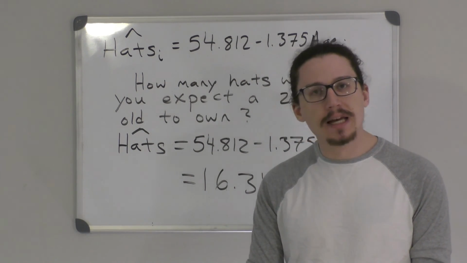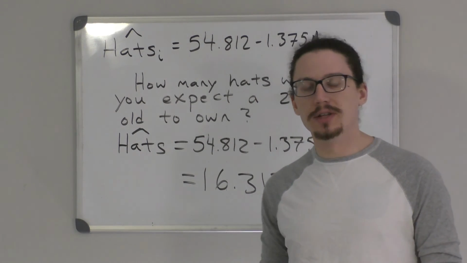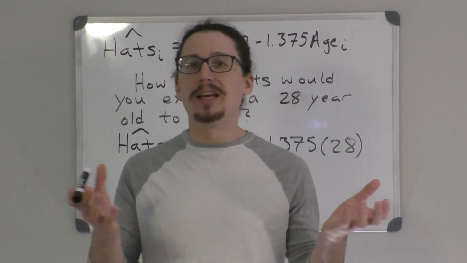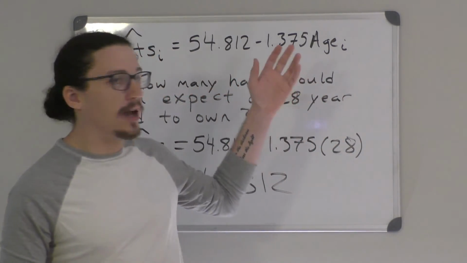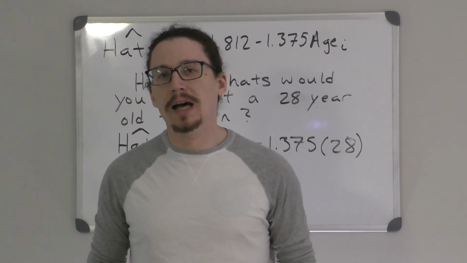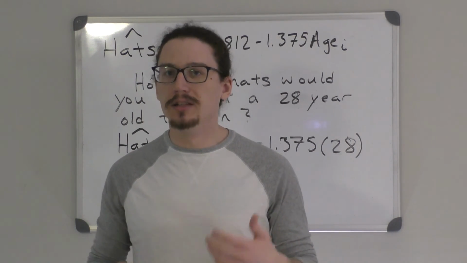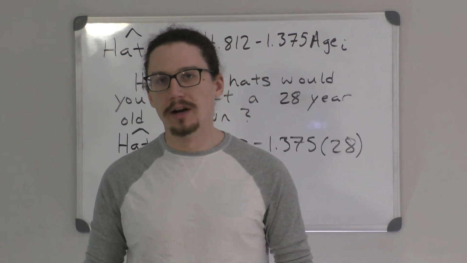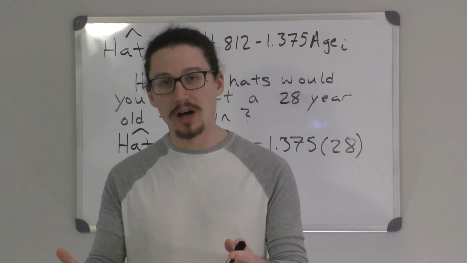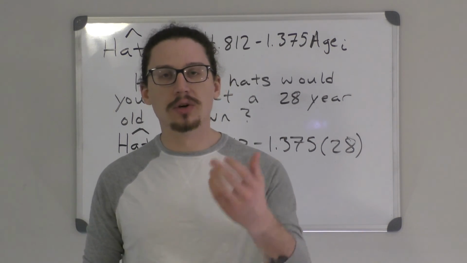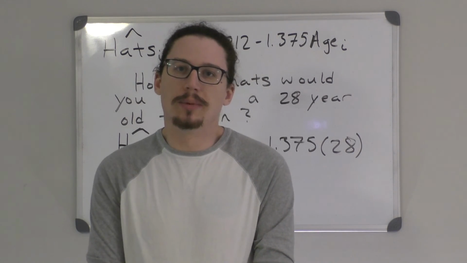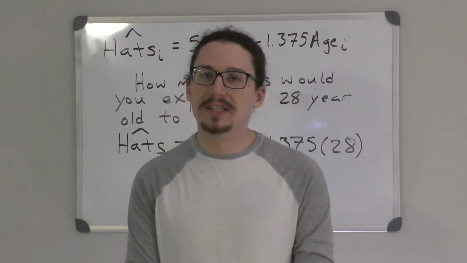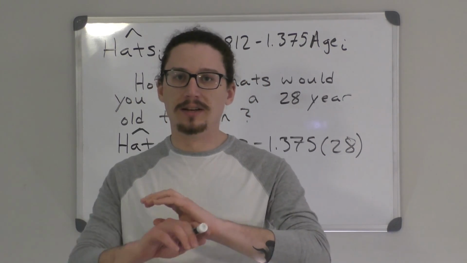One thing to note though is that if your data is transformed, let's say we were looking at income, and income is not in dollars, then you need to be mindful of that. If income is in hundreds or thousands of dollars, and you want to predict for somebody with an income of $26,000, and you put 26,000 in there, you're going to get a totally wrong answer.